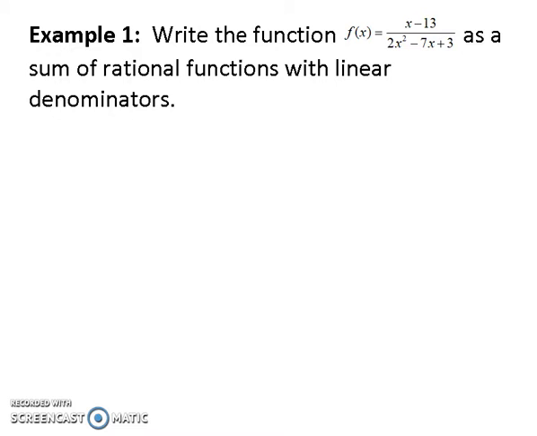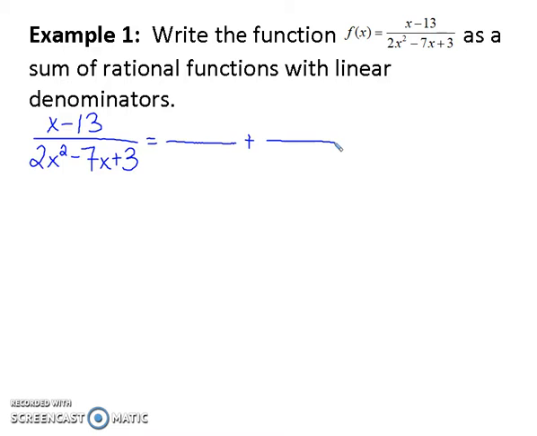So essentially I would get this answer by adding together separate fractions, usually with linear factors for their denominators, of the 2x squared minus 7x plus 3.